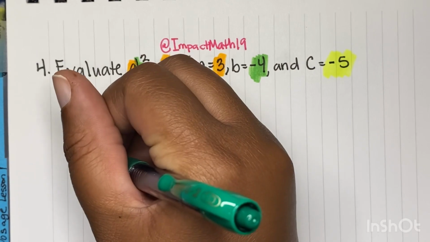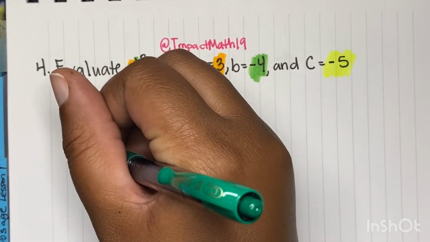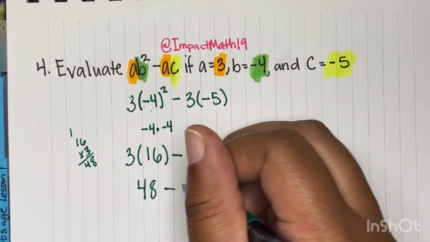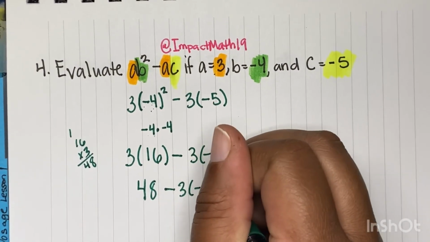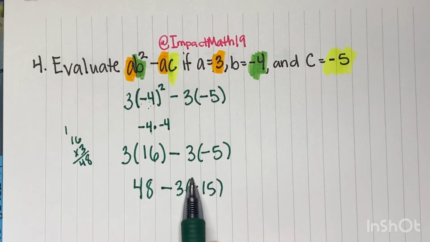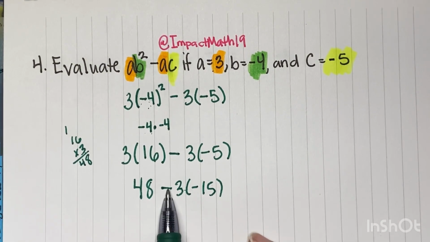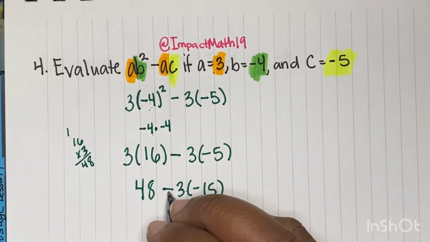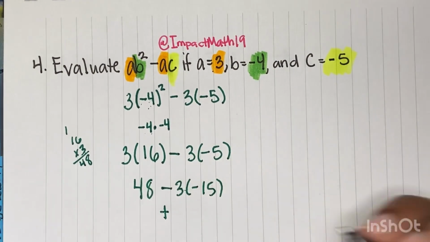So 3 times 6 is 18, carry the 1. 3 times 1 is 3, plus 1 is 4. Yep, 48. Minus 3 times -15. So we cannot subtract before we do multiplication. Remember, these parentheses mean multiply. So 3 times 15, a negative times a negative is always a positive, first off.